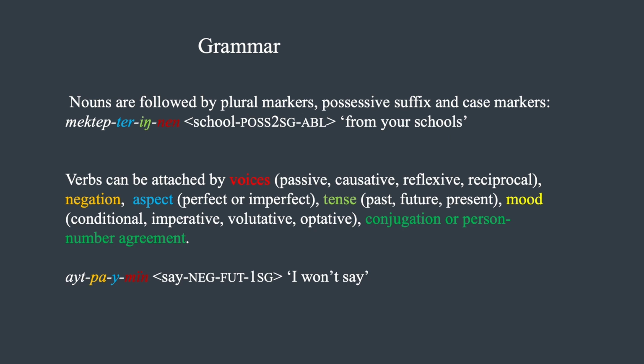Kazakh verbs can be attached by voices such as passive, causative, reflexive, and reciprocal, negation, aspect markers such as perfect or imperfect, tense markers like past, future, and present, mood markers such as conditional, imperative, voluntative, or optative, and personal markers or conjugation. For example, within the word aytbayman, the verbal stem ait, to say or to tell, is followed by the negation pa, the future tense I, and the first person marker man, meaning I won't say.